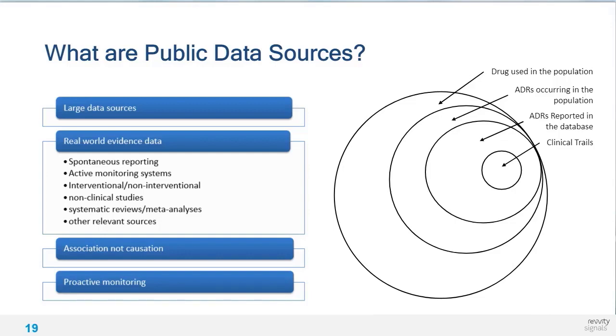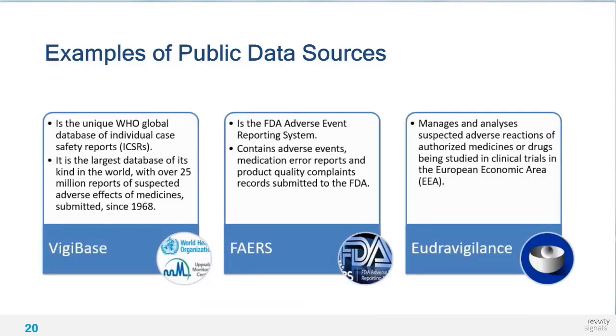So pharmacovigilance is a process that can proactively monitor, actively searching for and identifying safety signals from this variety of data sources.